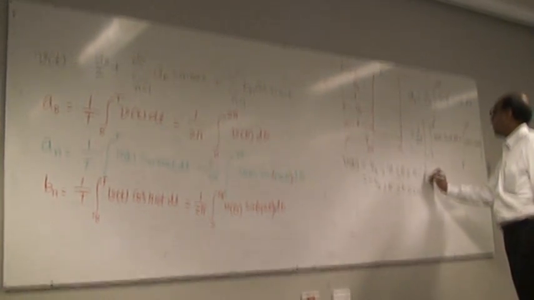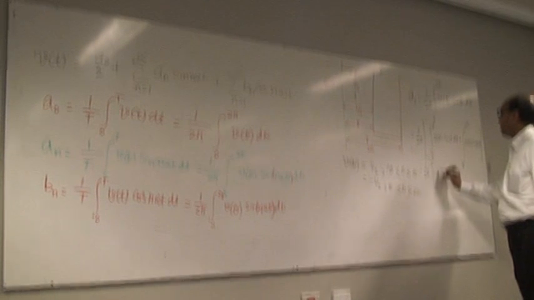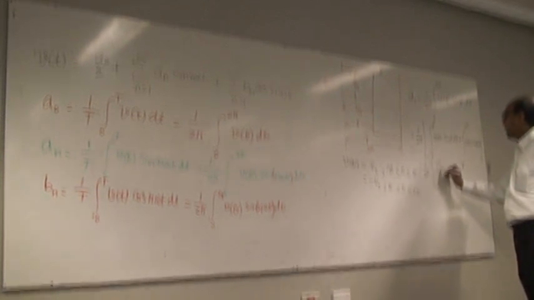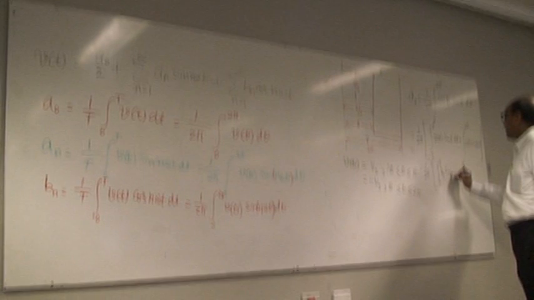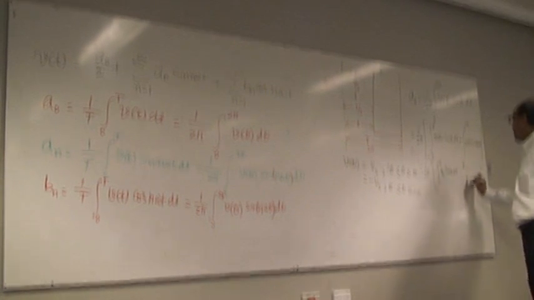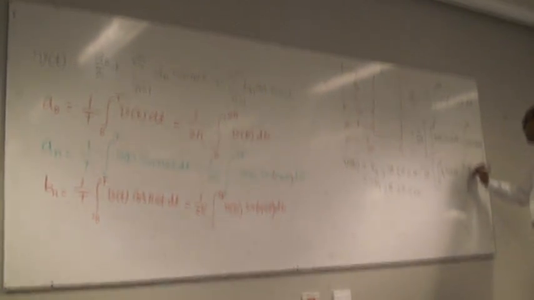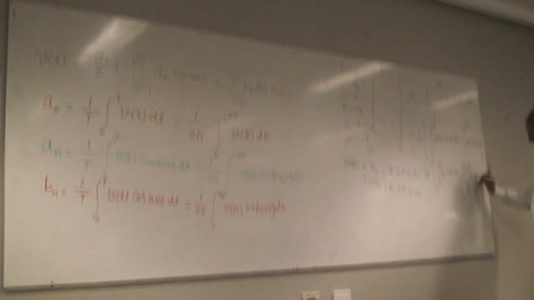Okay? So then you replace it here, so you get 0 to pi Vs sin theta d theta minus pi to 2 pi Vs sin theta d theta.